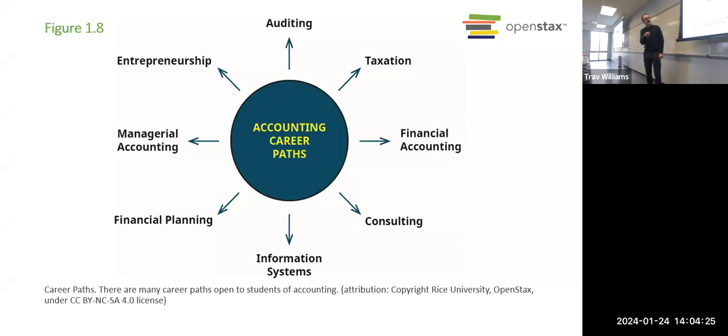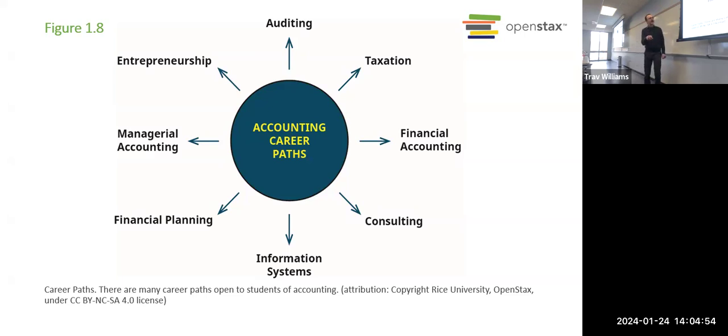Again, financial accounting is what we're learning about here. There are people that specialize in preparing financial statements. Consulting, helping companies with their accounting strategies and operations. Information systems, you can combine accounting and information systems, helping companies develop or implement software to automate their accounting processes.